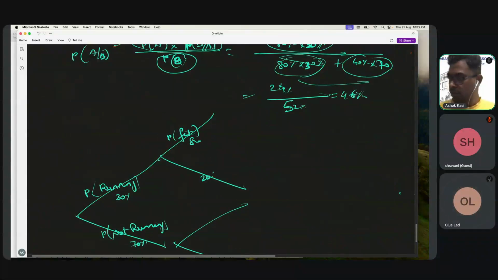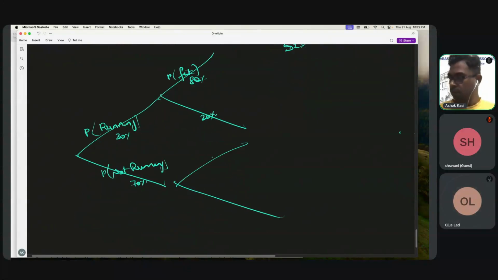So probability of fit and not fit: the probability of fit and the probability of not fit.